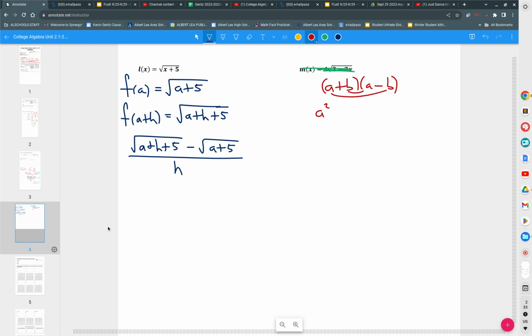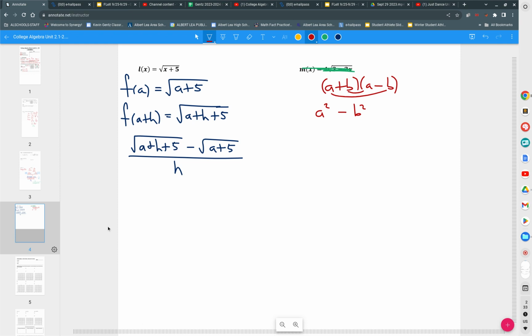And then the last part, you get a minus B squared, right? Isn't that what we want to have happen? We want that thing to be squared, and we want that thing to be squared. So if we take it and multiply it by its conjugate, we're going to get those two things squared, and the radical signs will just disappear.